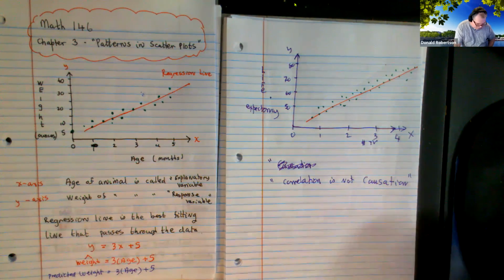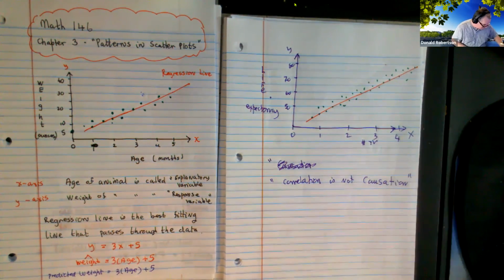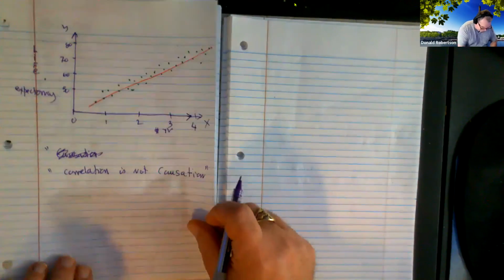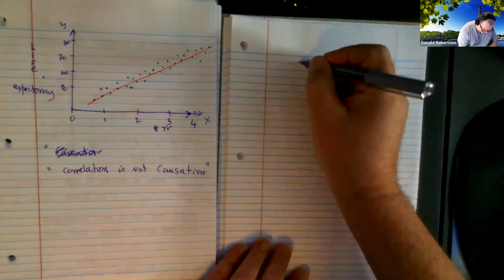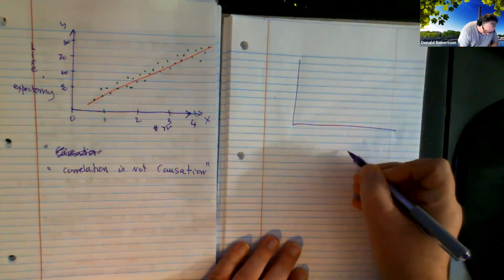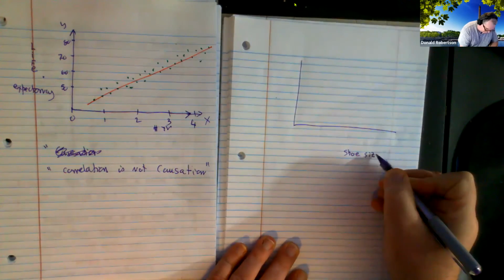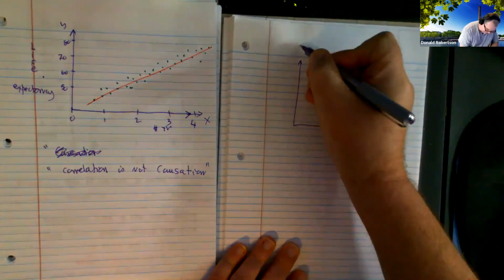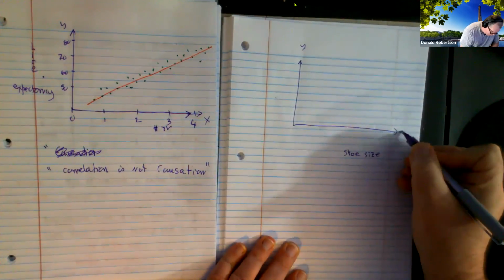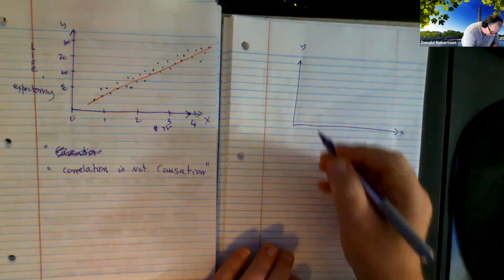That's a cool question. Oh, one last, yes, we've got time for one last one. Here is another one of this problem. The x-axis is shoe size, and the y-axis is going to be reading age.